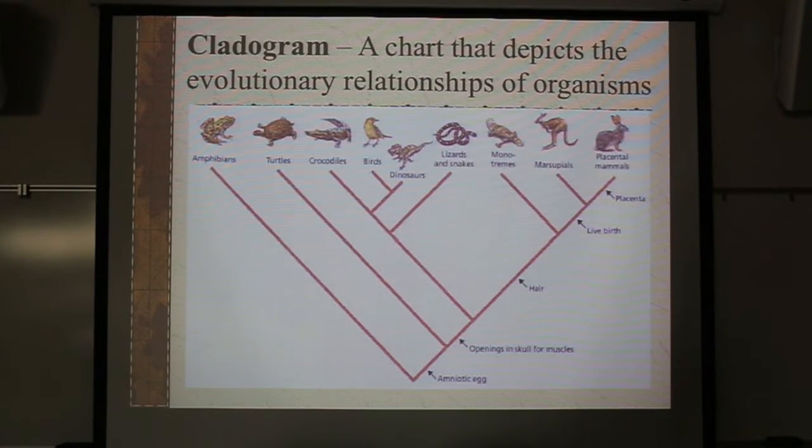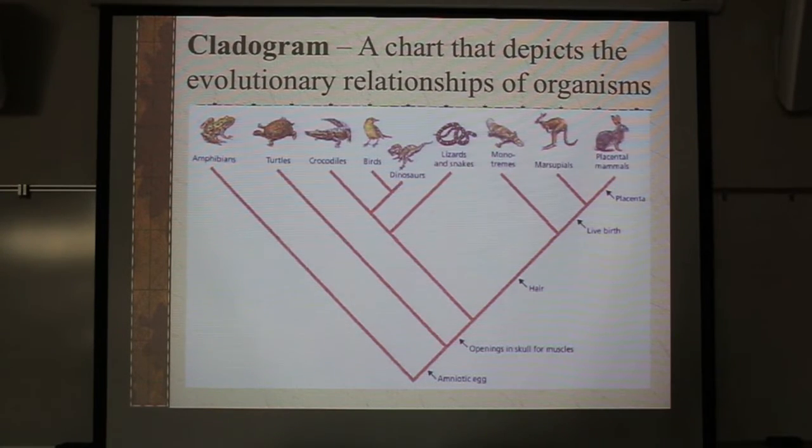Then the ancestors to those, many generations later, gave rise to the placental mammals, which are things like us and rabbits and other animals that have a placenta, and marsupials such as kangaroos, those that typically have a pouch where a real small baby lives until it grows up. And then the monotremes, which are the egg-laying mammals, of which only two are known right now, and they occur in Australia.